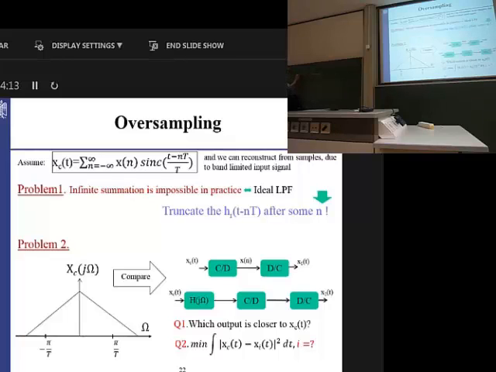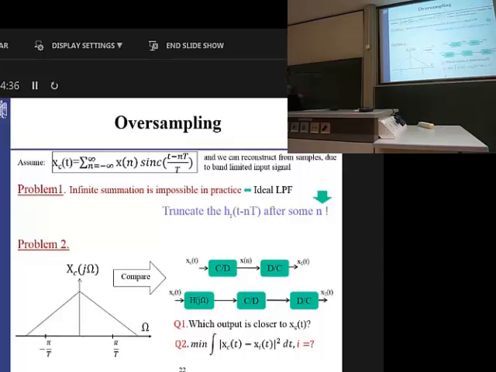Normally we say that the information in a speech signal is from 0 to 4 kilohertz. This is X_c(jω). But in practice, natural signals never have a band-limited spectrum.